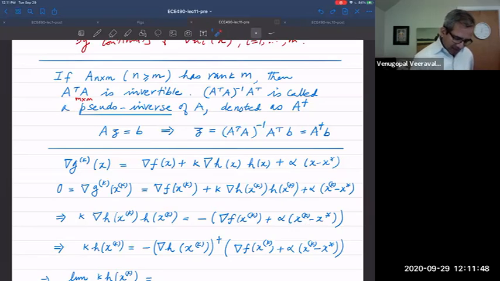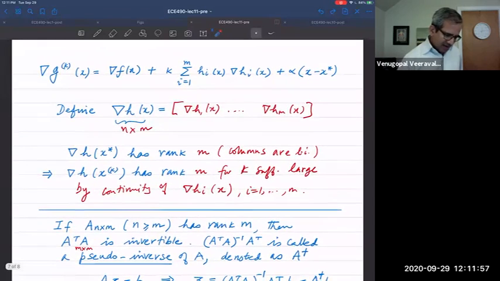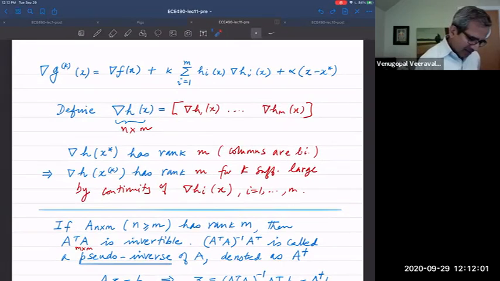Okay, but now I have a form. By the way, I should have mentioned, maybe I didn't do that: this linear combination can be written as this matrix times h.